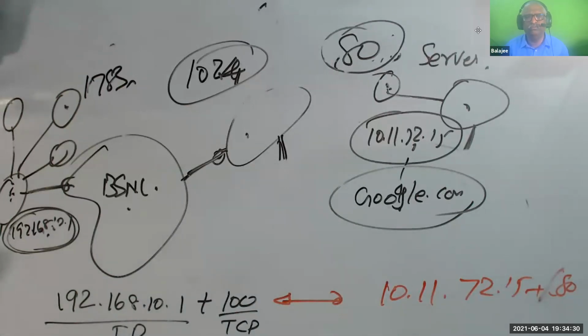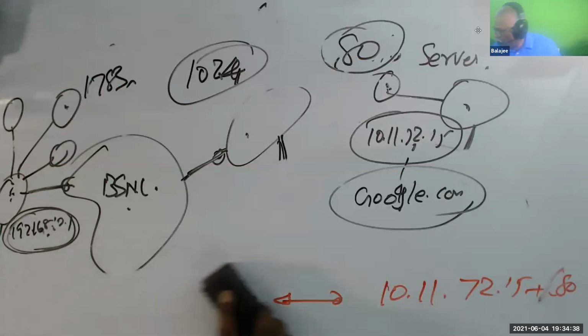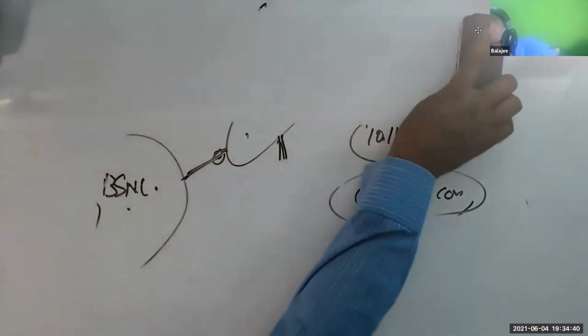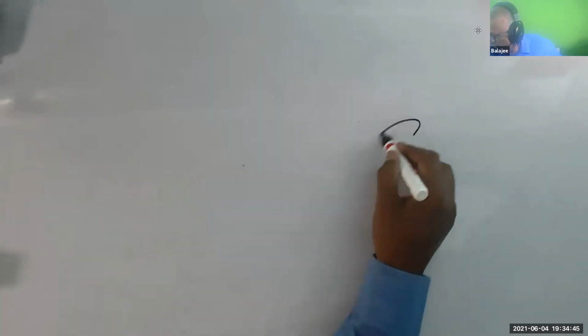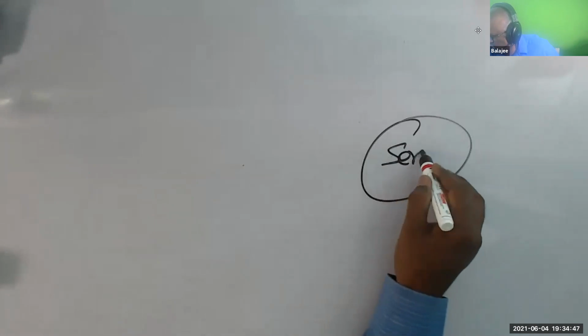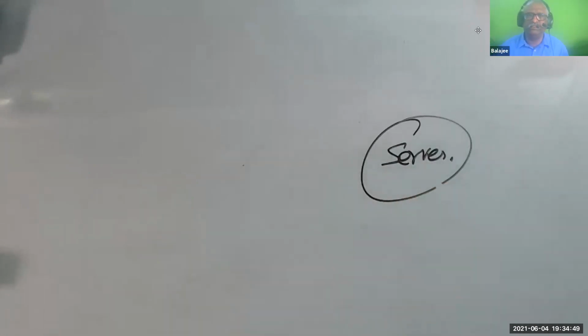Now, this one, the industry has given a typical word. What I do here is, when I develop software, the server is the one which is always running, like a hotel.